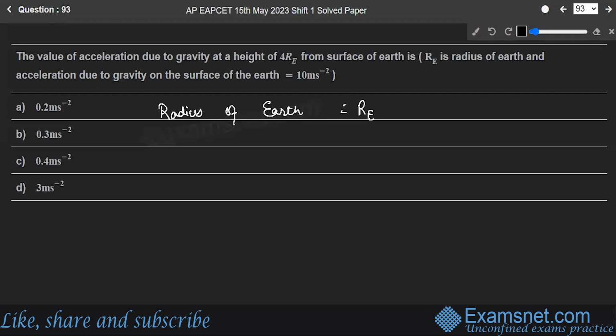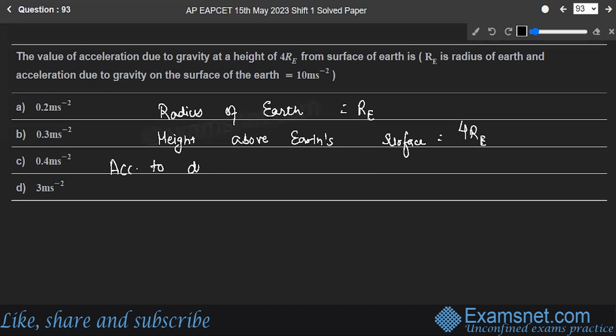Now height above the Earth's surface, which is given, is 4Re. Now acceleration due to gravity at the height h above this Earth surface.